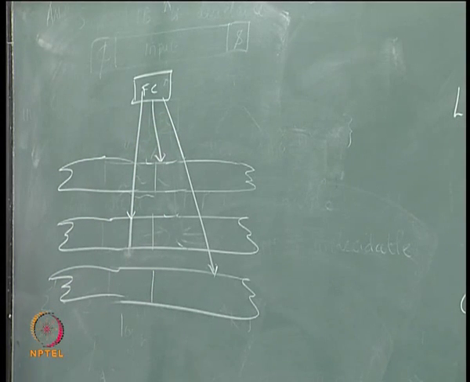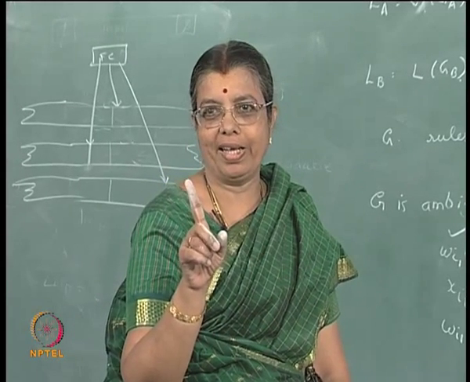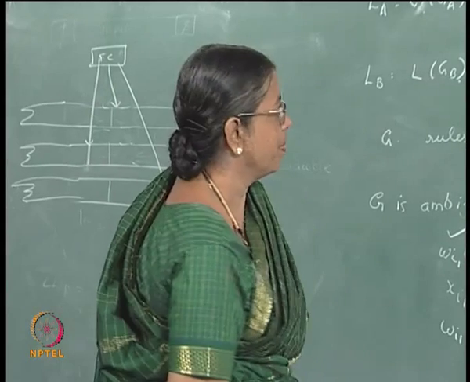You need not separate the input out for defining time complexity, because anyway time complexity cannot be less than n. You have to read all the cells one by one and then only accept.